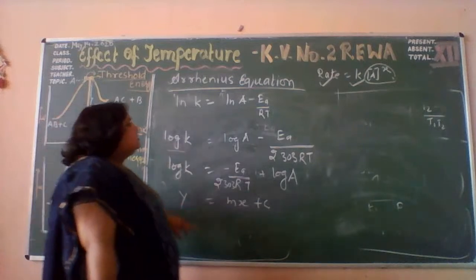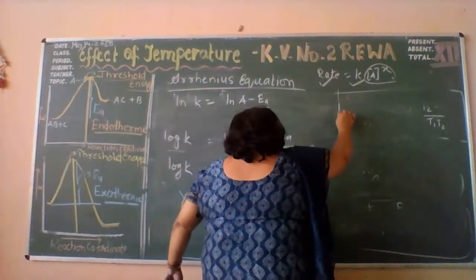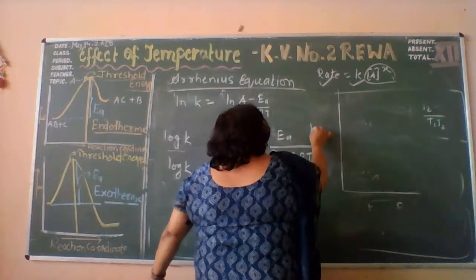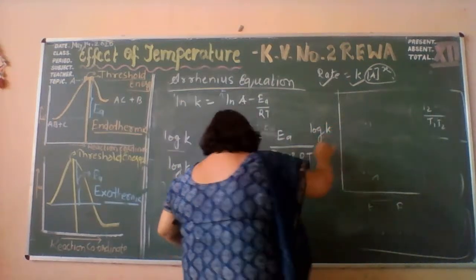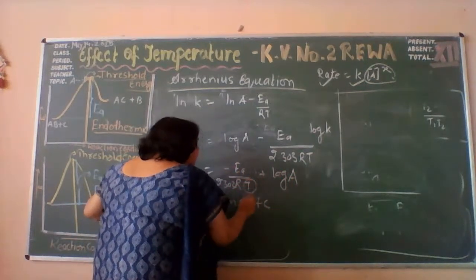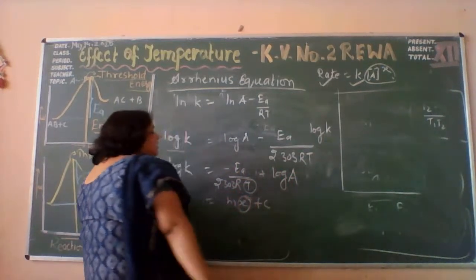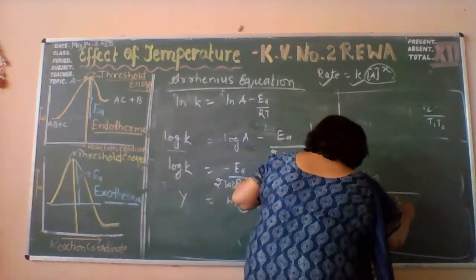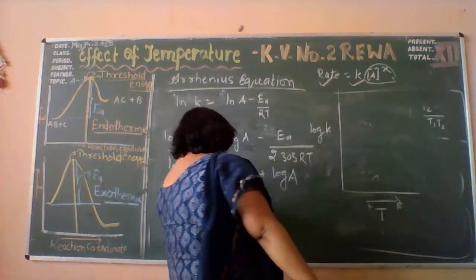On the y-axis, what variable do you have to take? This variable will be log K. Here you can see the variable is the temperature, so on the x-axis this will be the temperature.